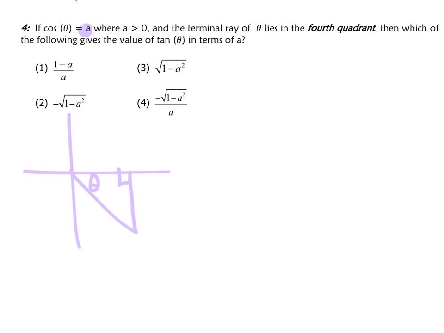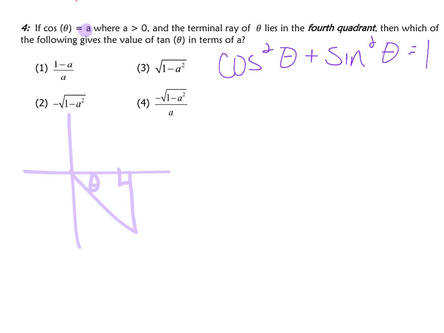It is the Pythagorean identity. Remember that? Anybody know what it is? The cosine squared of theta plus the sine squared of theta equals 1, because it was the unit circle. So if I know my cosine, I can use this to find the sine and then eventually the tangent.